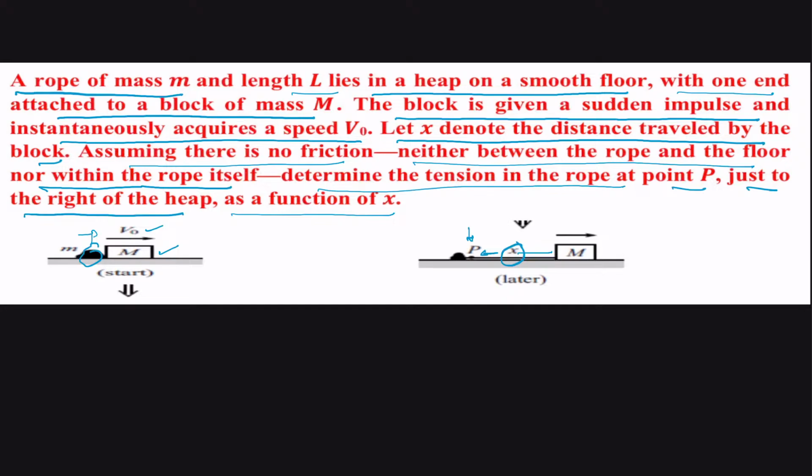Once again, we have to remember that this is a variable mass system. Under this condition, let's first find the linear mass density of the rope.